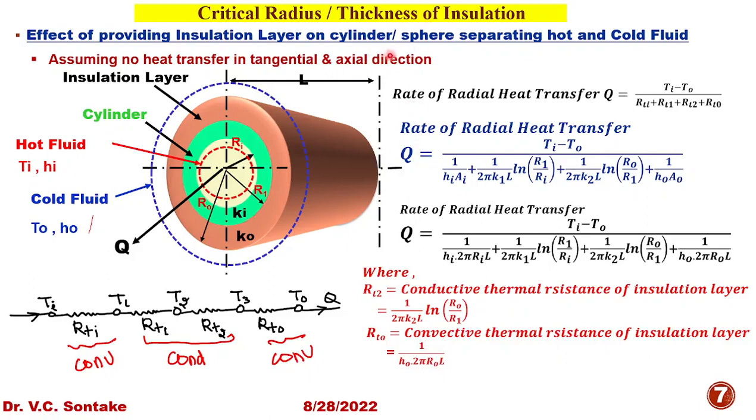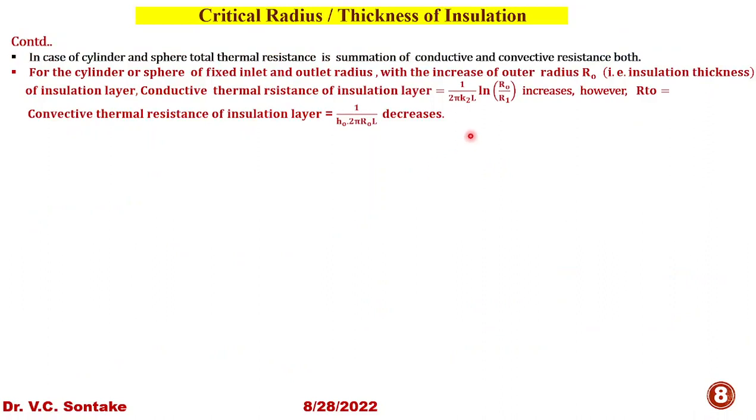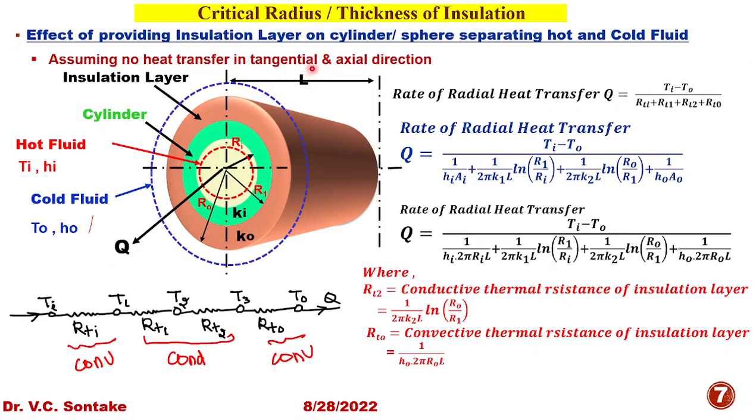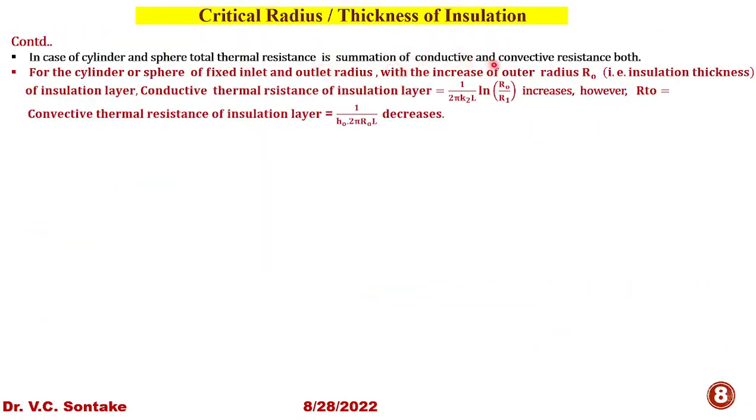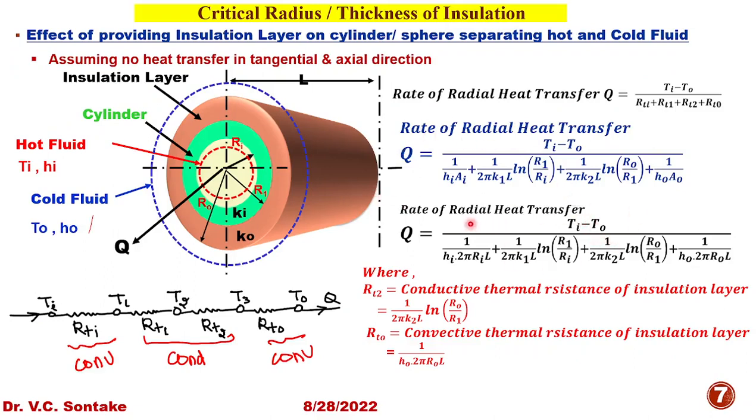Now, in order to understand the effect of this insulation on the heat transfer rate from a cylinder or sphere, we need to understand the effect of these two thermal resistances. In case of a cylinder or sphere, when they are separating hot and cold fluid, the total thermal resistance is the summation of conductive and convective thermal resistances both, as we have seen in the expression of radial heat transfer for this cylinder.